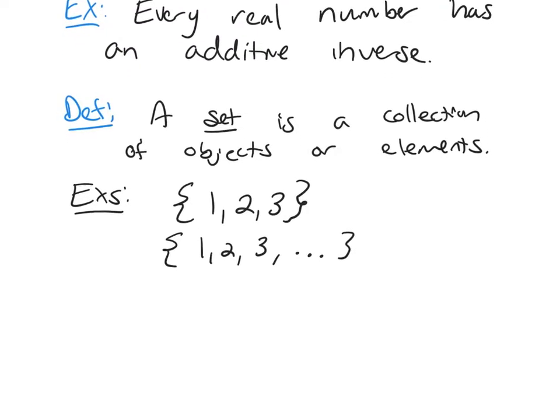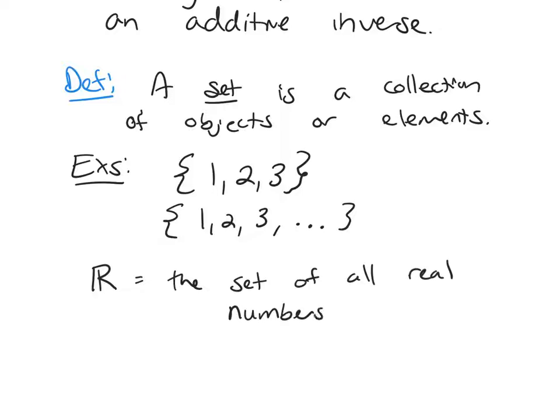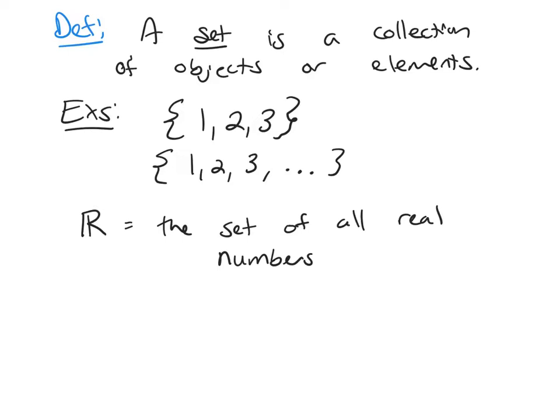And now I want to talk about some notation that we're going to use. So the first notation that you're going to see, these are some new letters maybe that you haven't seen before. R is going to denote the set of all real numbers. Okay, so this includes both rational and irrational numbers, numbers like pi and e. Z is going to be used for the set of all integers. So integers are whole numbers.